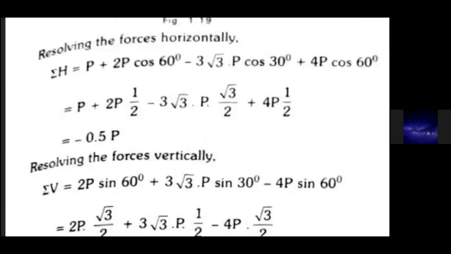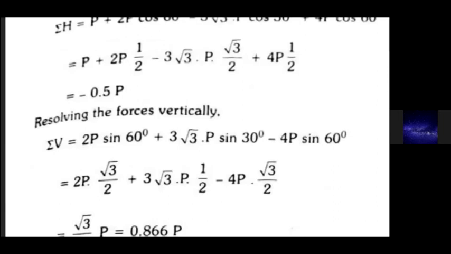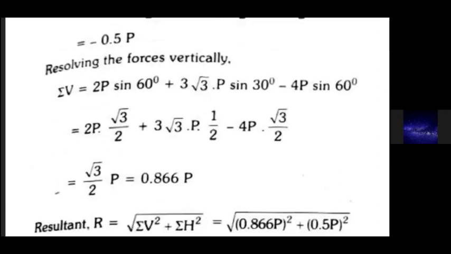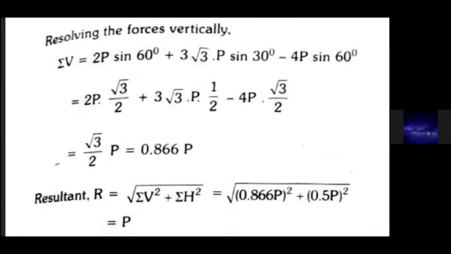Similarly, resolve the vertical components and add: sigma V equals 0 for the first force, plus 2P sin 60 plus 3 root 3P sin 30 minus 4P sin 60. After simplifying, we get sigma V equal to root 3 by 2 P, that is 0.866P.